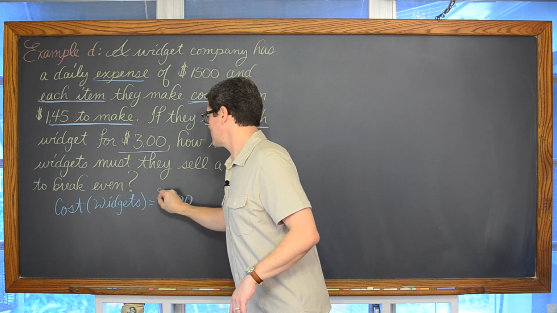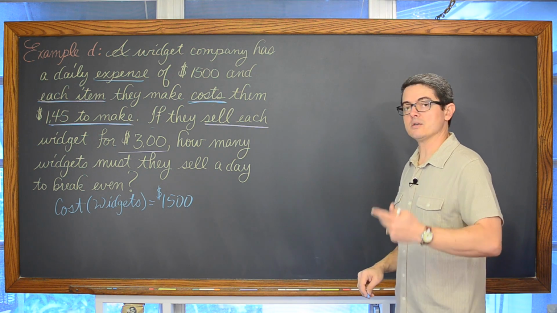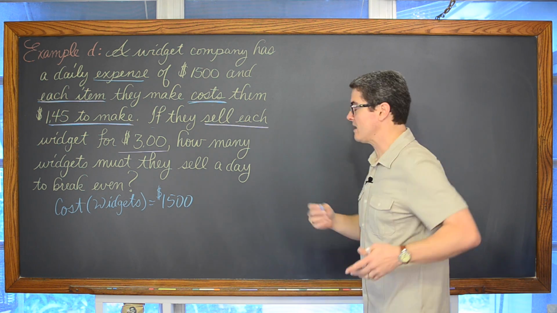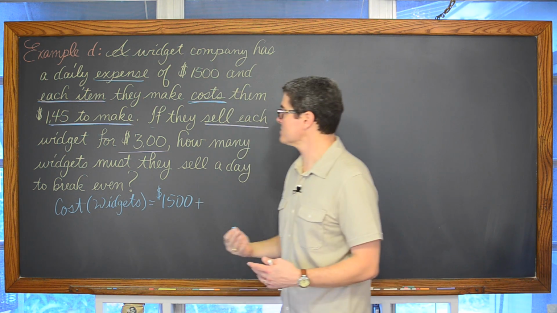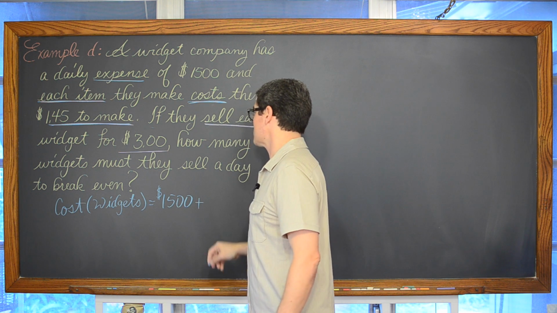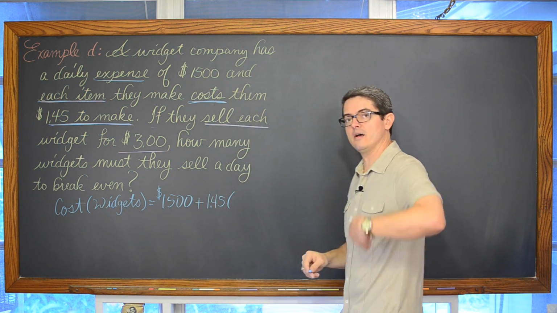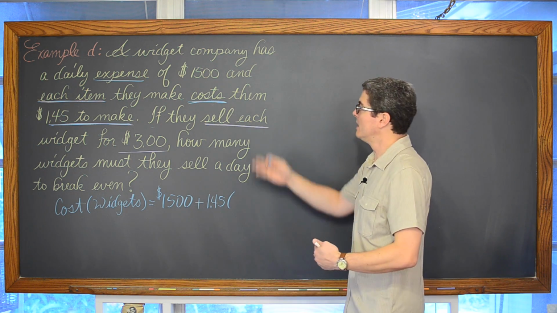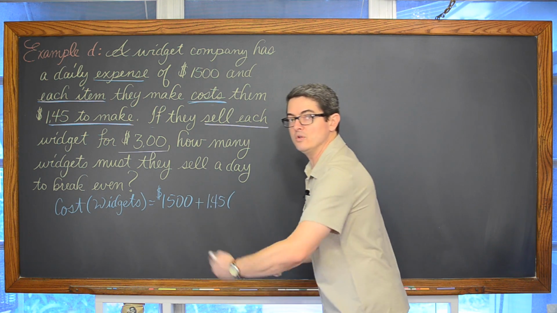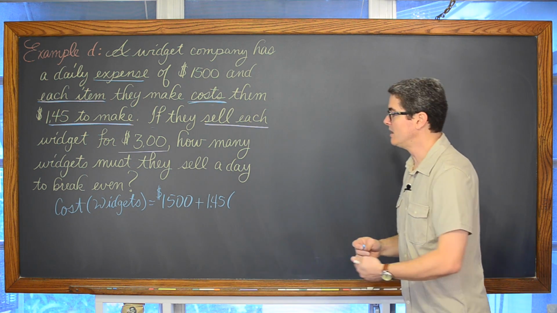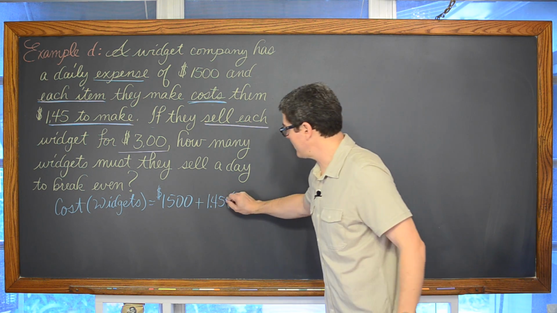Maybe it's a combination of your employees, your insurance, your electrical cost, renting the building, whatever is making up the expense of your company, plus maybe the materials it takes to make each one of those widgets, which is $1.45 times, and that $1.45 is going to, every time you make a new widget, be another $1.45, another $1.45, another $1.45, and when you do that repeated addition, that new additional cost for every widget is showing up as multiplication.